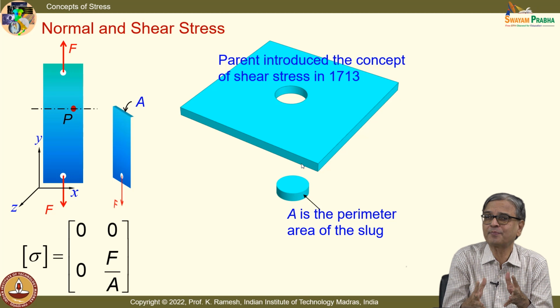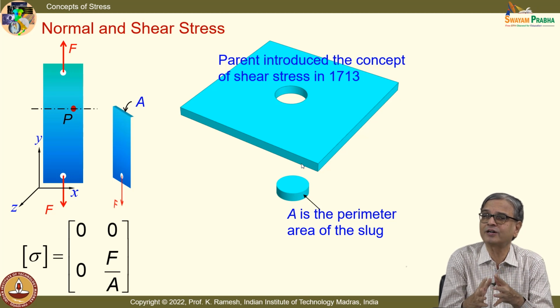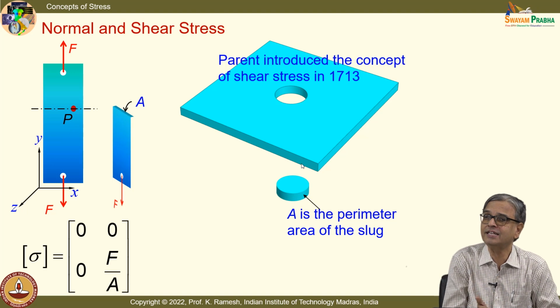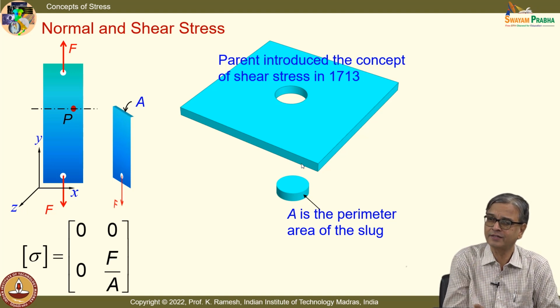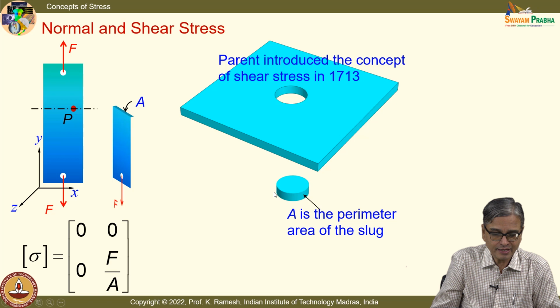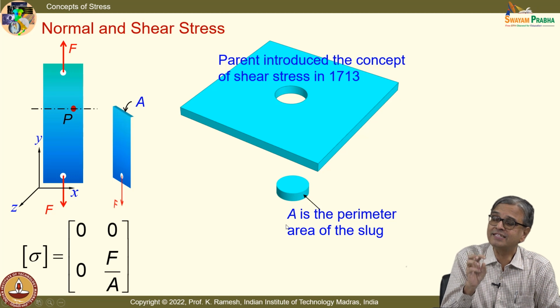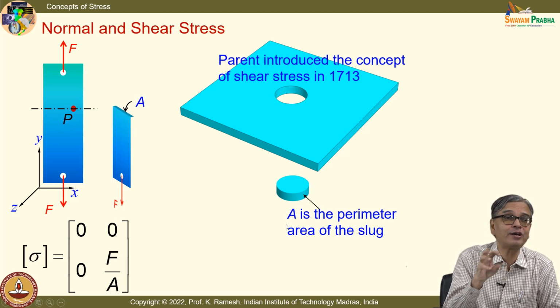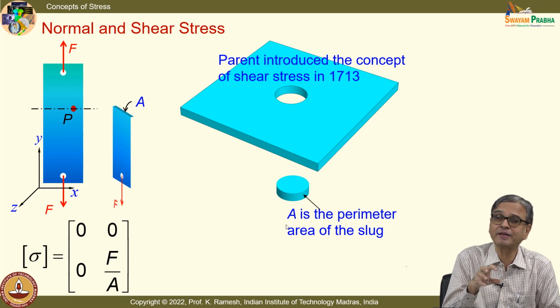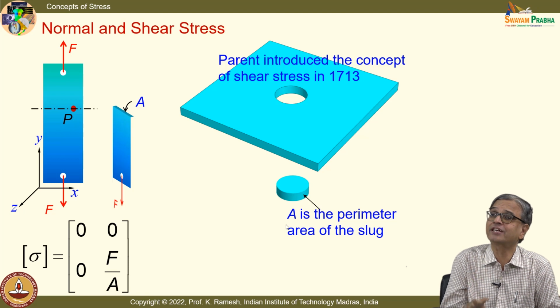And because the problem is simple, straightforward, we can also determine the magnitude of shear stress as whatever is the force F and whatever is the area of the perimeter. I can also say this as F by A. But this F by A, where would I put it in the tensorial notation? In this case, F by A, what we have calculated, is only representing the shear.